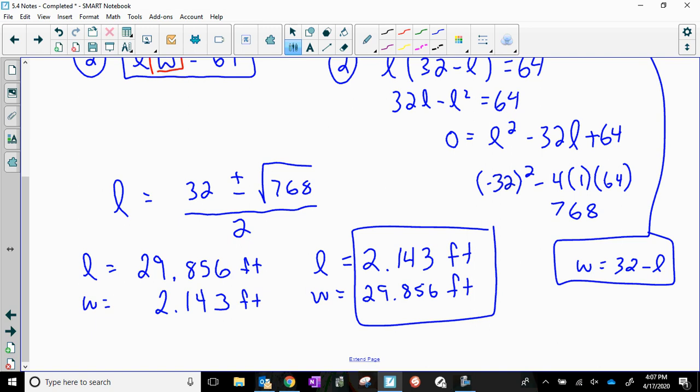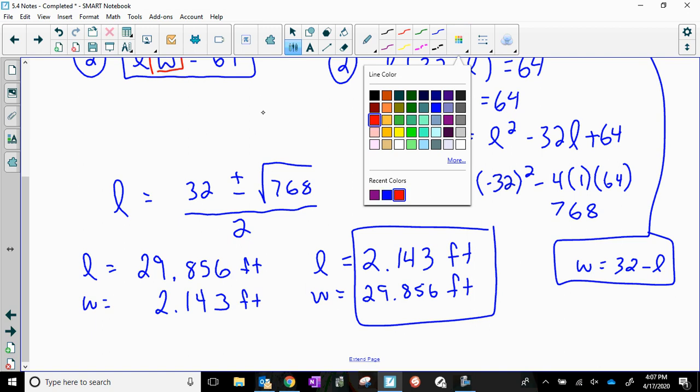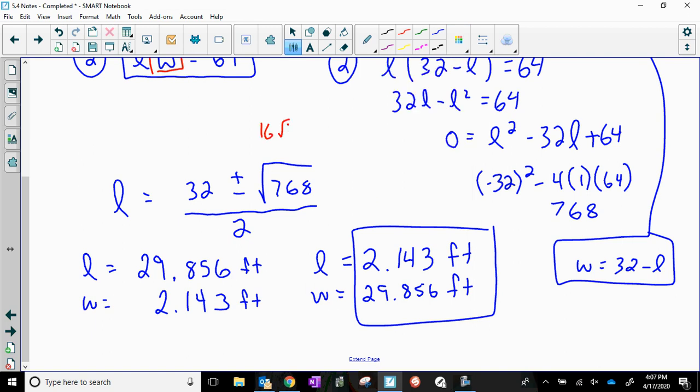If you really, really wanted to, you could try to put this in simplified radical notation. Which I'm looking at right now. This right here is 256 times 3. So if you really want to put it in simplified radical notation, then it would be 16 square roots of 3 over 2, and 32 over 2, plus or minus.